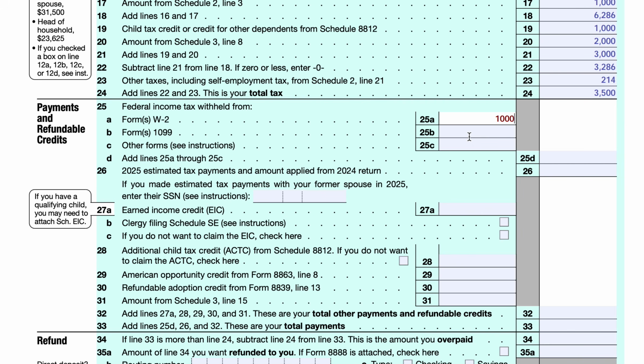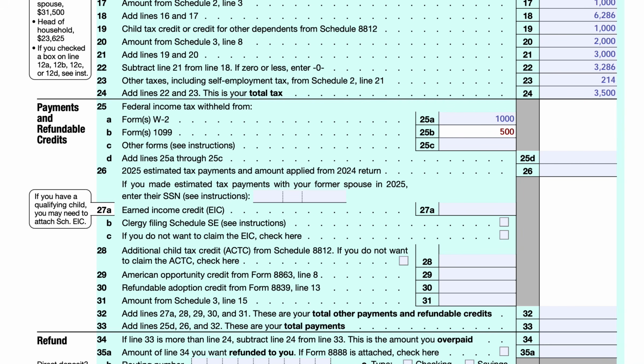It could be box 6 of the form SSA 1099, or it would be box 10 of form RRB 1099 for those of you who receive retirement income from the railroad. So let's just say that there's $500 withheld here.